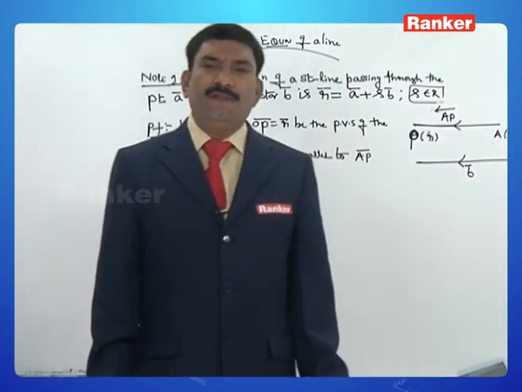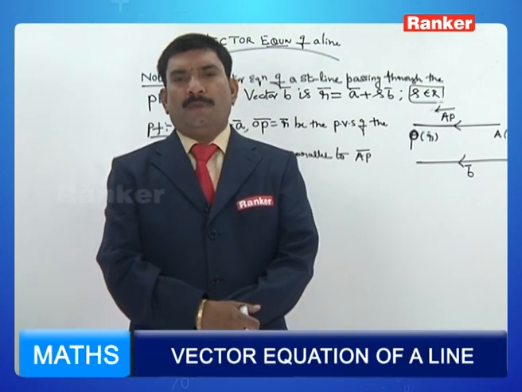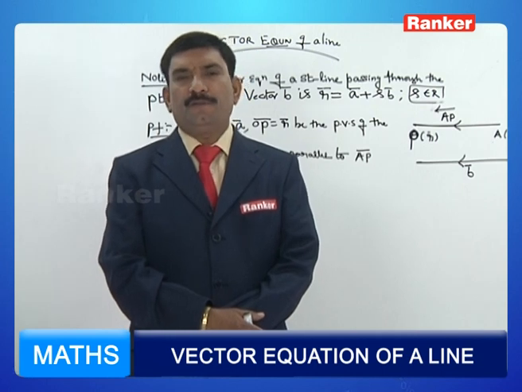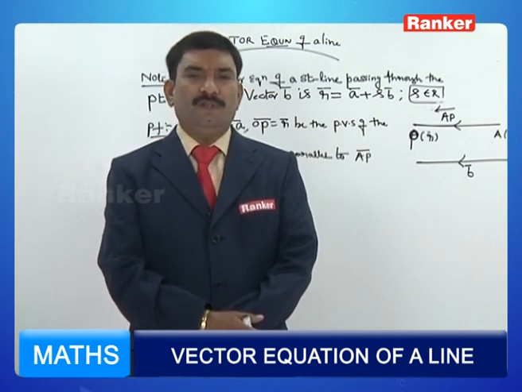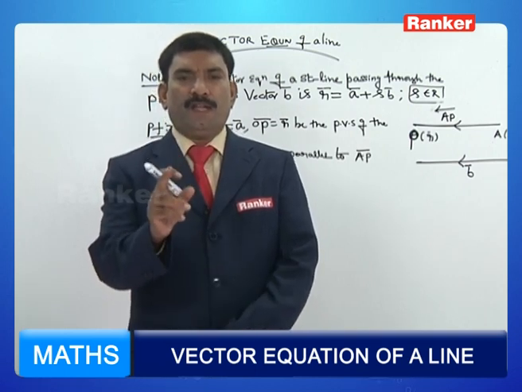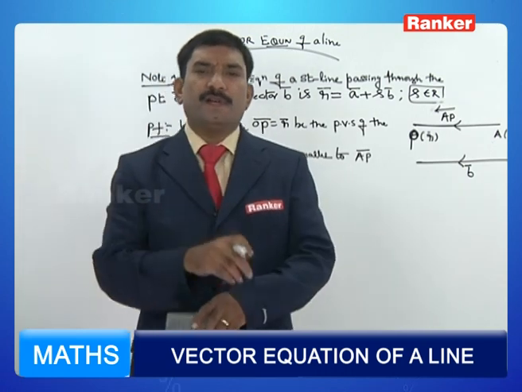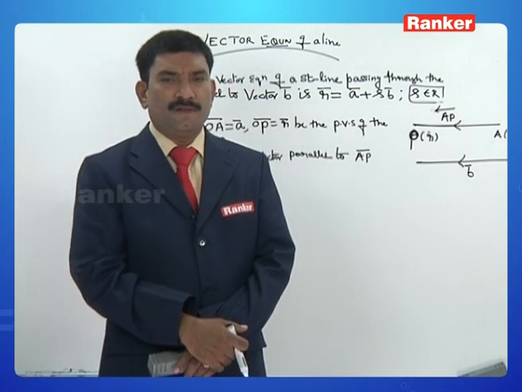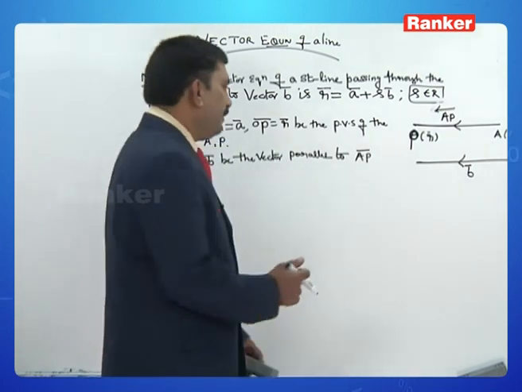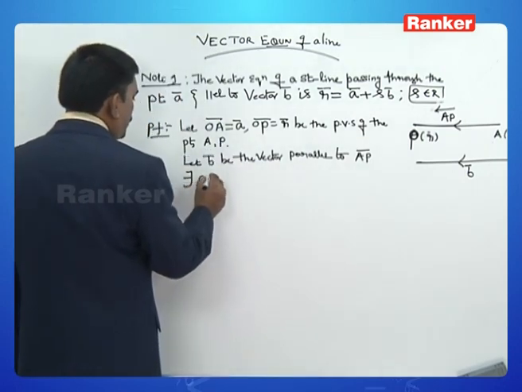As you know by the definition, when any two vectors are said to be either collinear or parallel, one vector can be expressed as a scalar multiple of another vector. Means there exists a scalar.